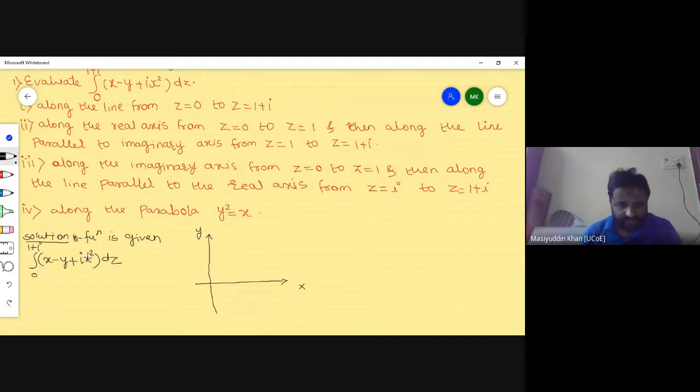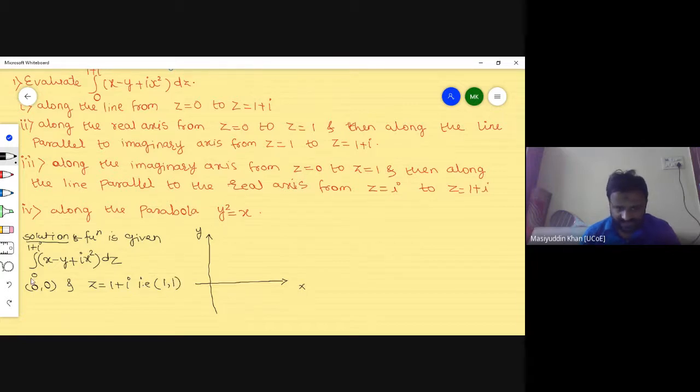As I mentioned, it is a complex number problem, so you should always remember the limit points. Here, the initial limit point is 0, 0, and the final limit point is z equal to 1 plus i, which means 1 comma 1.